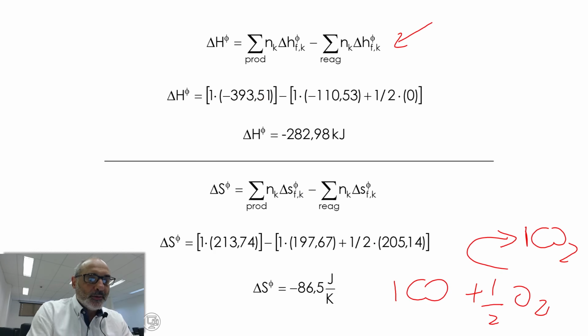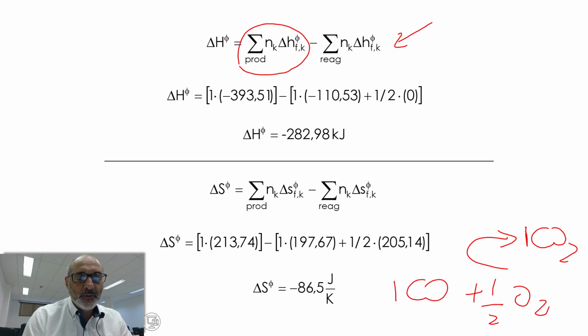Here we have the products. We have only one product, which is carbon dioxide. So this number 1 here corresponds to this number 1 here.